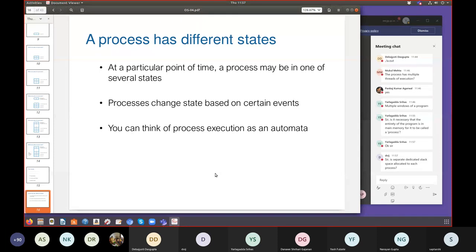Right, so you know about formal automata and those kinds of things. It's somewhat similar. So we will discuss these process states and what makes a process change from one state to another tomorrow.